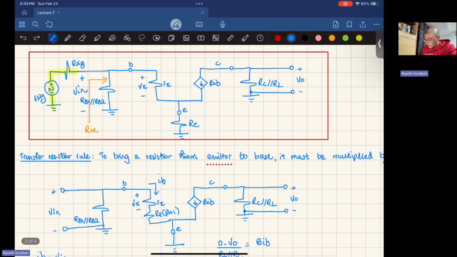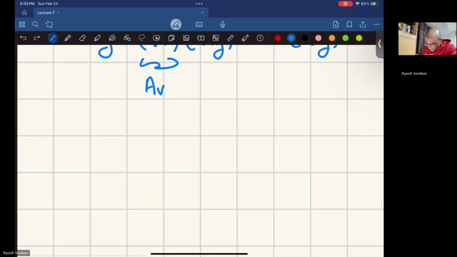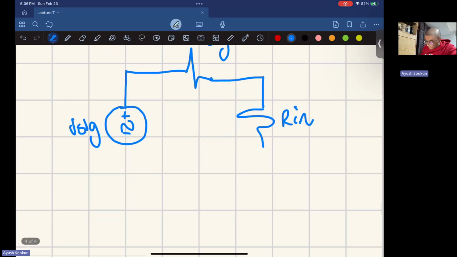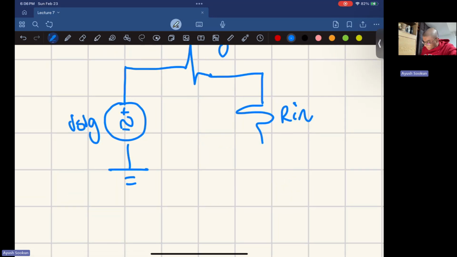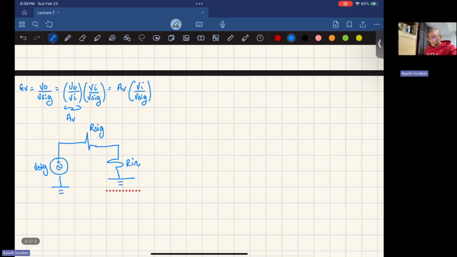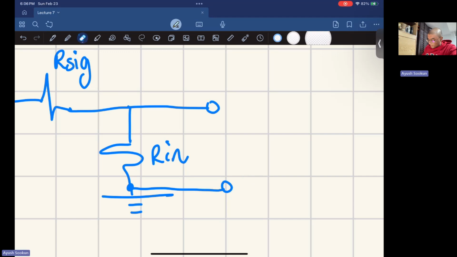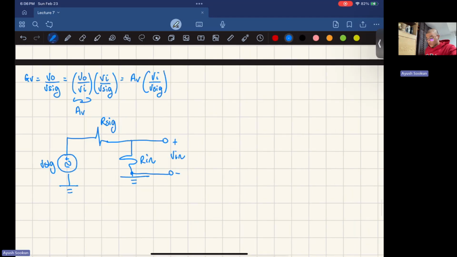So my circuit becomes like this. Here I have plus minus V sig. I have R sig, and here I have R in, right? Everything in that circuit, including the small signal model, can be replaced by R in. Now, the voltage across R in, as I said earlier, is V in. I want to find a ratio between V in and V sig.